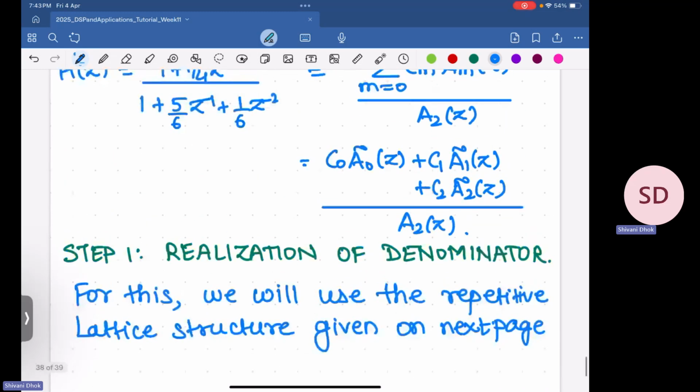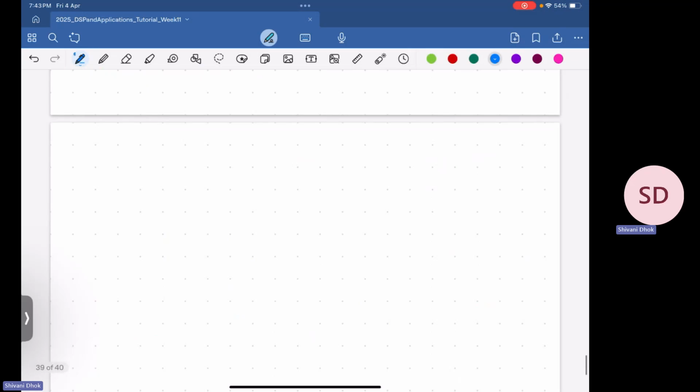Okay, so this repetitive lattice structure is something like this. We have seen it earlier, but let me just repeat it once. So we have E0, 2, 3, 4, something like this. We have En here. We have En plus 1 here.